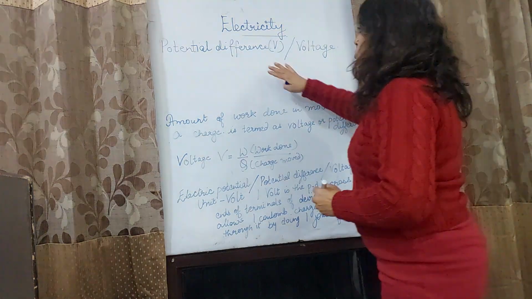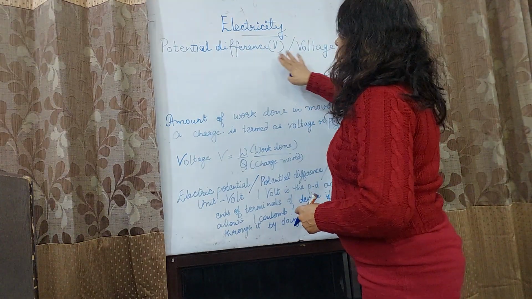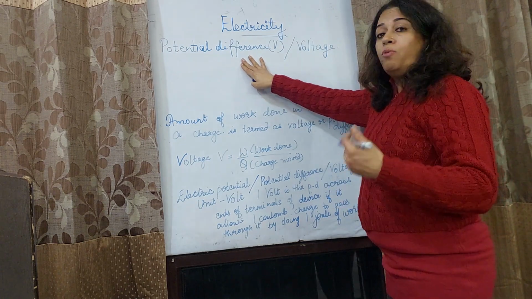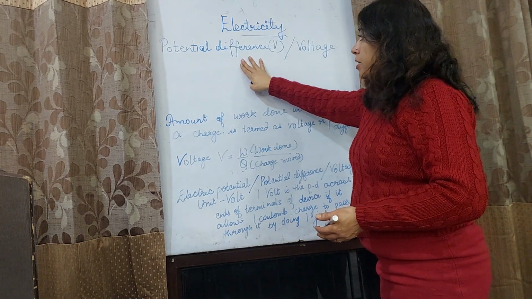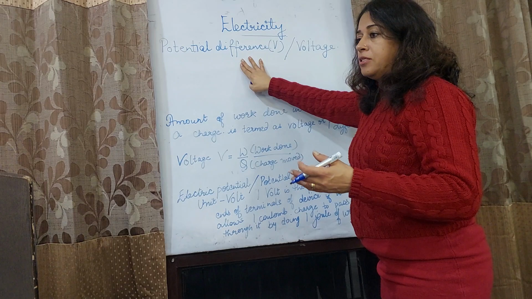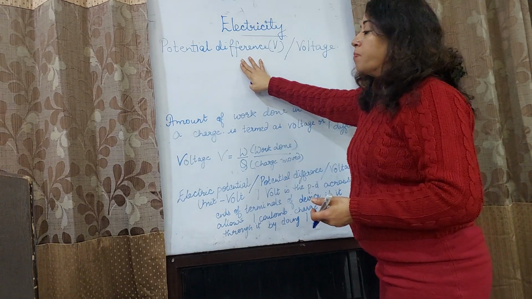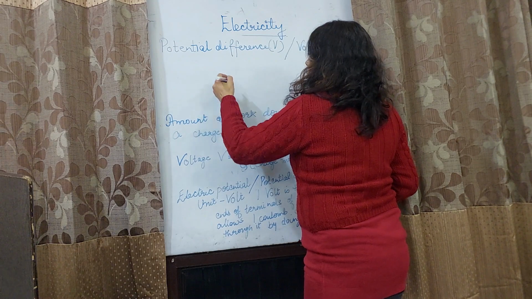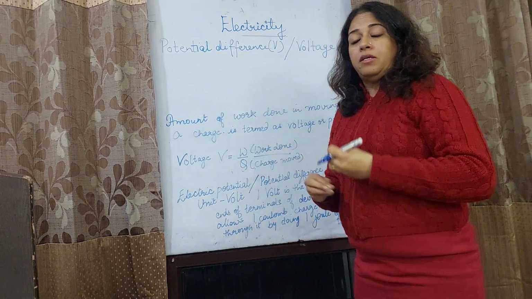The next term that we talk about is potential difference or voltage. Potential difference is the reason why current flows through a circuit, because it creates a difference in potential.